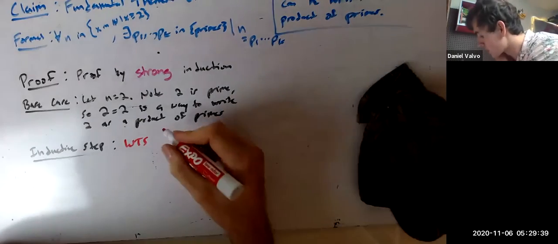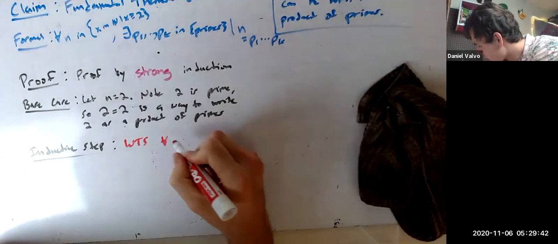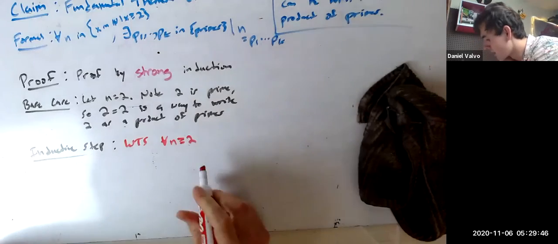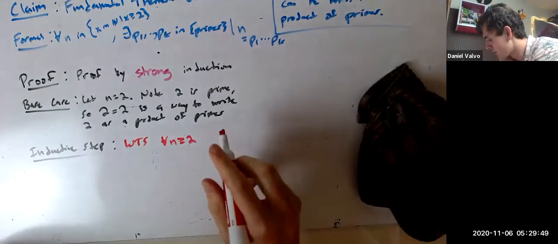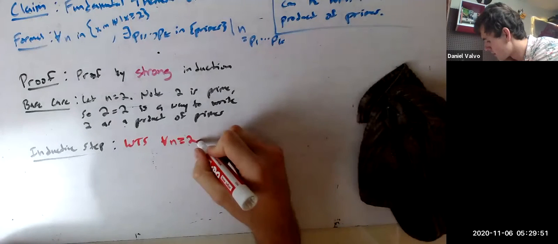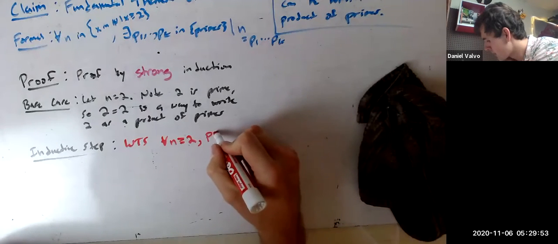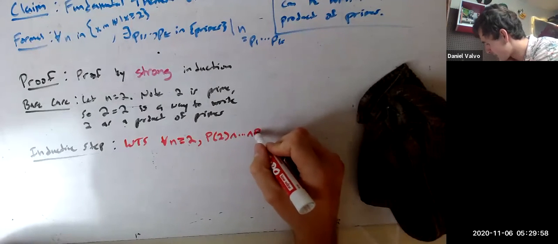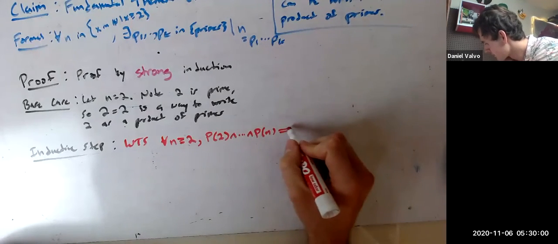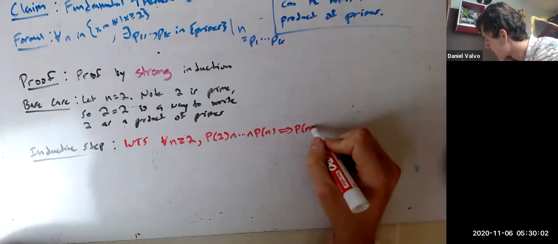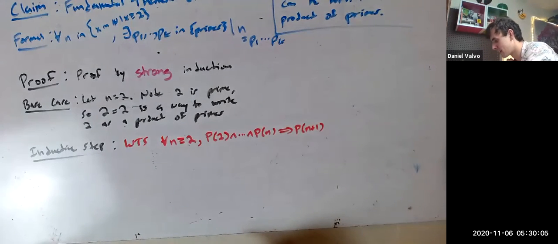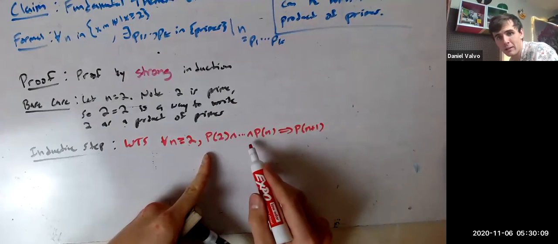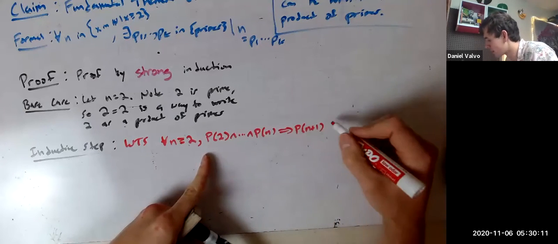For strong induction, we want to show that for all n greater than or equal to 2, you still want to connect it to 2, P of 2 and all the way up to P of n imply P of n plus 1. So I want to show that everything being true from 2 to n implies it's true for n plus 1.